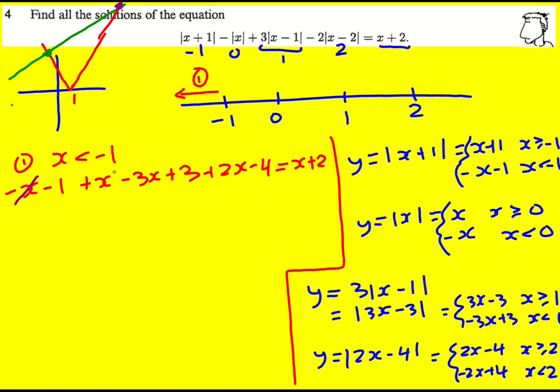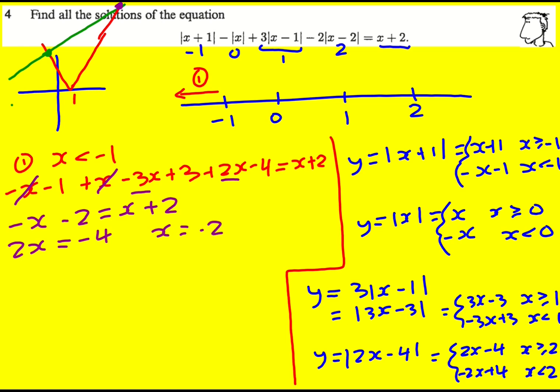You can cancel out the x and the minus x. Then we've got minus 3x plus 2x. That's going to give me minus x. Minus 1 plus 3 is 2. Minus 4 is minus 2. That's going to equal x plus 2. So 2x equals minus 4. x equals minus 2.